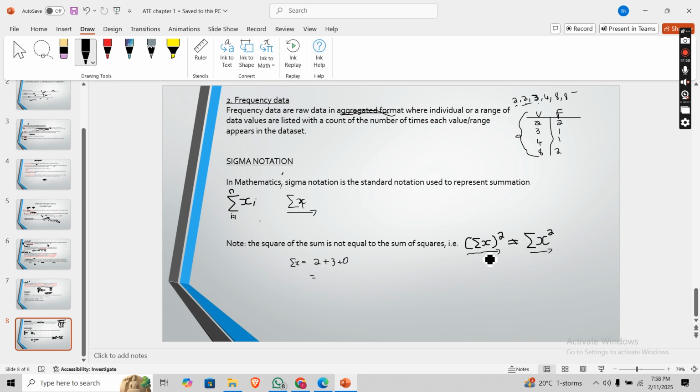Then the square of a sum, which is this notation, means that you add all the numbers and then you square the final number. 2 plus 3 plus 0 equals 5, and 5 to the power 2 equals 25.